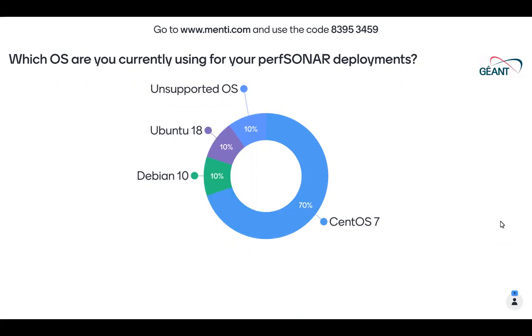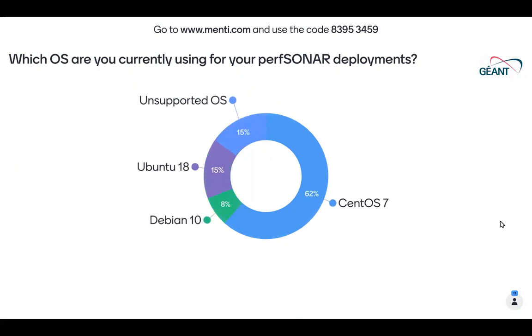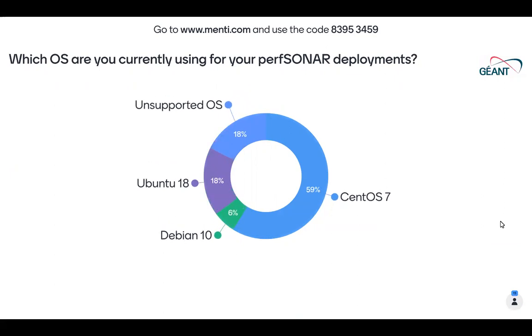So unsurprisingly, I would say CentOS 7 comes as a majority of deployment currently. It's also interesting to see that some of you are running perfSONAR on unsupported OS. Well, I guess that's good as well. And Ubuntu 18, there is some interest in it as well.